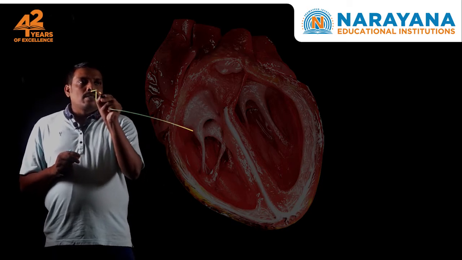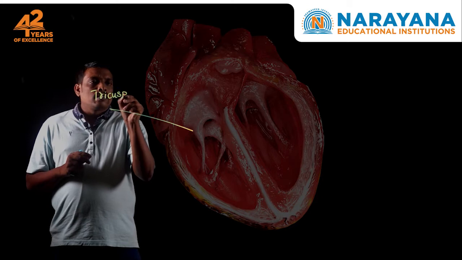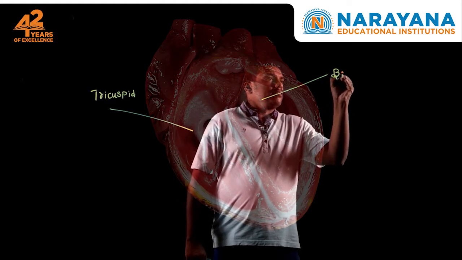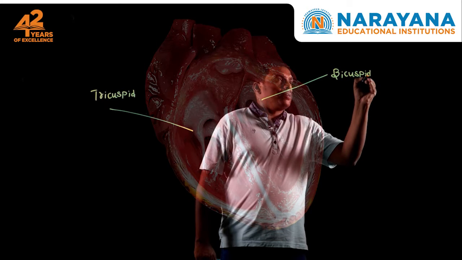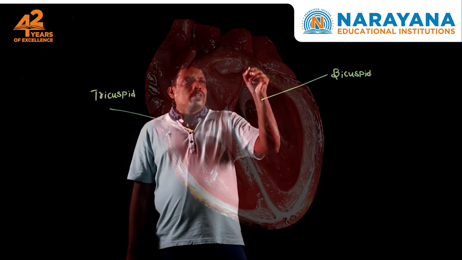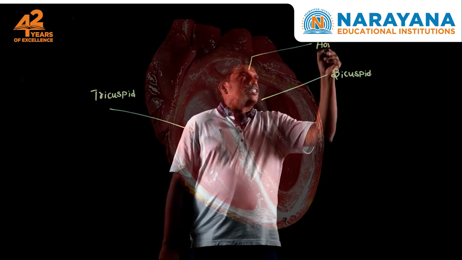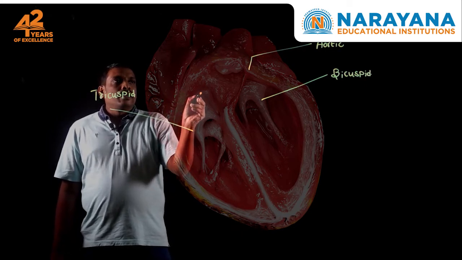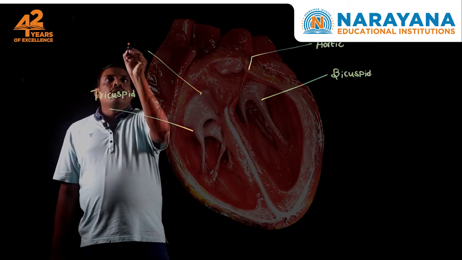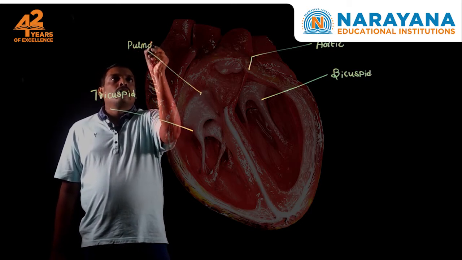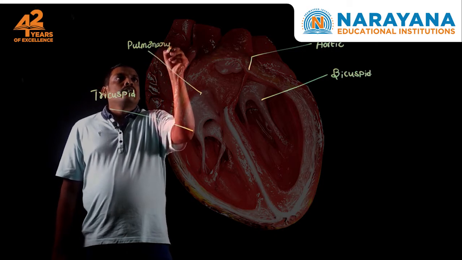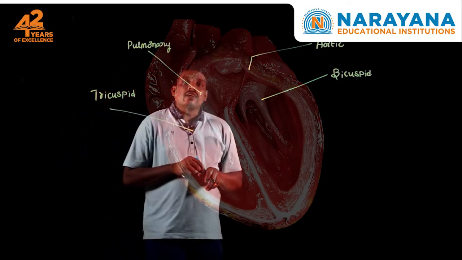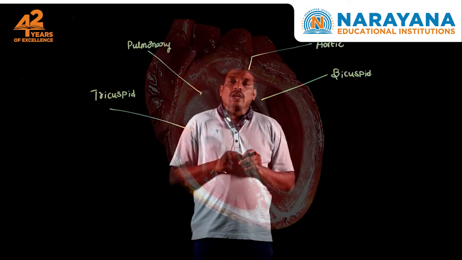This is the tricuspid valve, whereas this one is the bicuspid valve, and this one is the aortic semilunar valve, and here, exactly in this location, you can see the pulmonary semilunar valve.